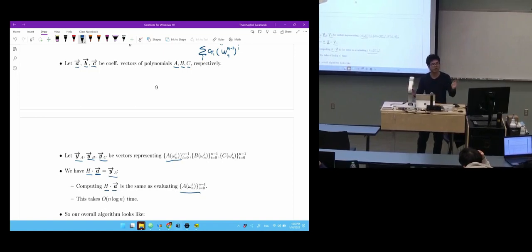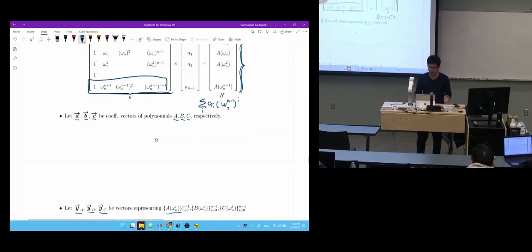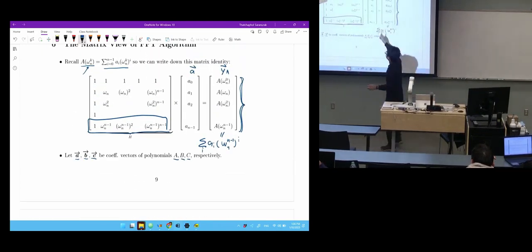And you know that you can do this in n log n time. Multiplying a vector by a matrix trivially would take you n squared time, but you already know that if the matrix has this special structure, you have the algorithm to do that in n log n time.